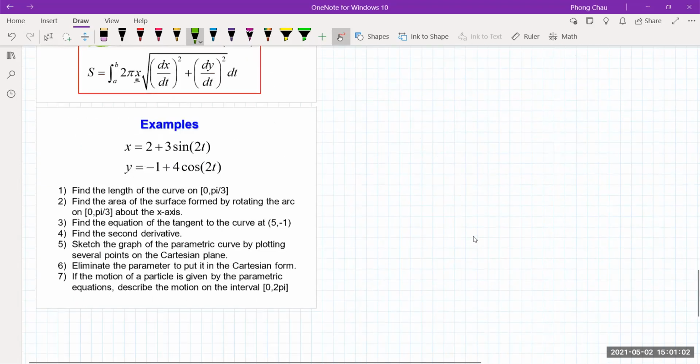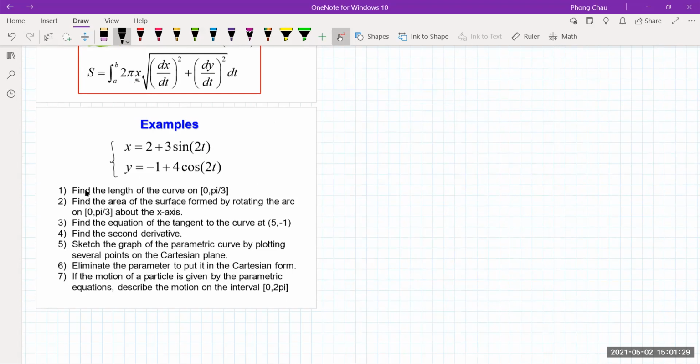And finally, I think I have an example here. Basically, it's a summary of all that we have learned in this section, starting with the same parametric curve. I'm going to do 1 and 2 quickly, but the rest is more like a review.